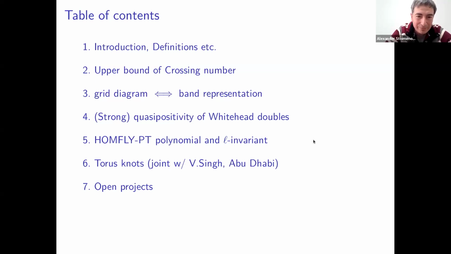Then I will introduce the main tool that is behind some of these proofs, which is the HOMFLY polynomial, which gives a number which I call L, which is the lower bound for the arc index. And then at the end, I will discuss a special case, the case of torus knots, which is kind of joint work with Vivek Singh in Abu Dhabi, and maybe then mention some open projects.